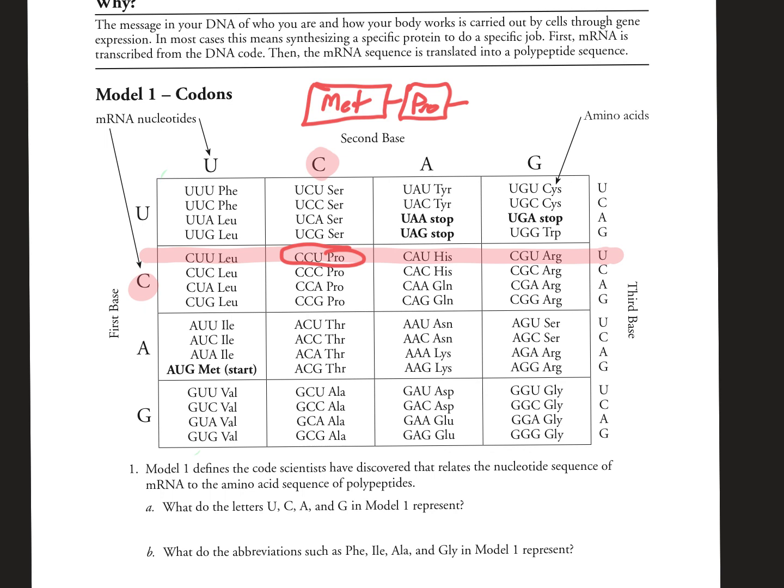Let's say it gets AAU. What's AAU? A, somewhere in this box. AAU, U is here, and somewhere in this row, in this box is ASN.